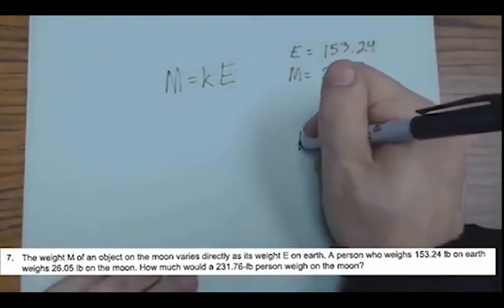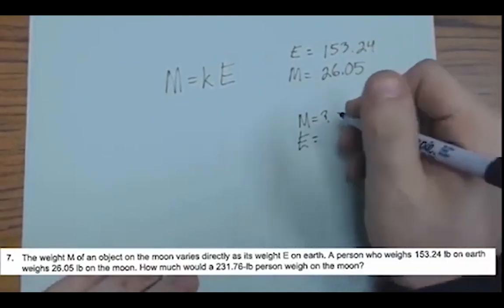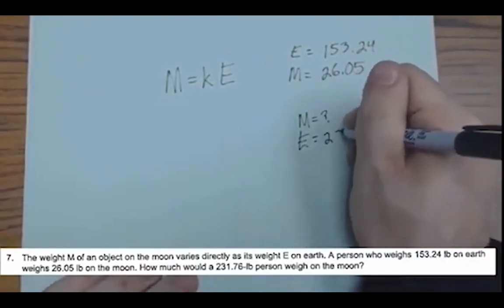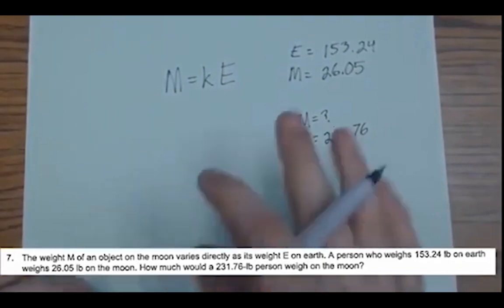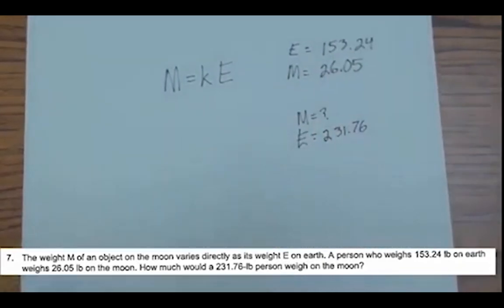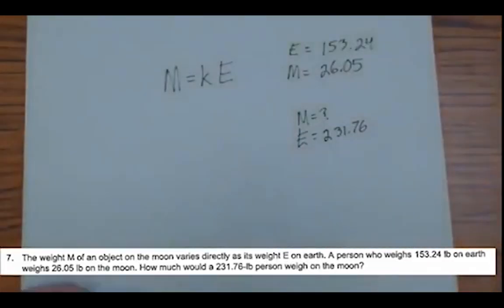Then we want to know what's the moon weight of a person with an Earth weight of 231.76. So what's m when e is 231.76? So we pulled this out of the word problem. And we do it just like we did before.